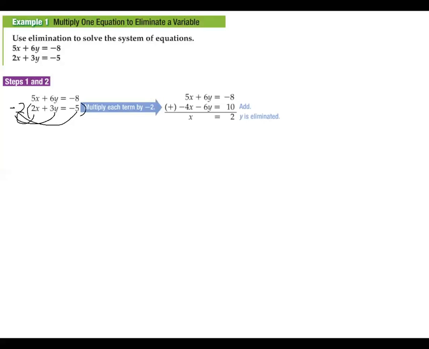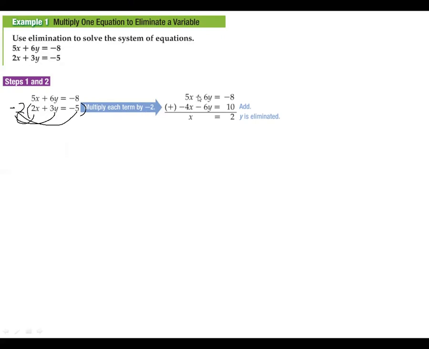The reason that's allowed is because, remember, way back when we started solving equations, as long as you did the same thing to both sides of the equation, it still was true. So as long as I multiply both sides of this equation by negative 2, it's still balanced. Just be careful with the signs.